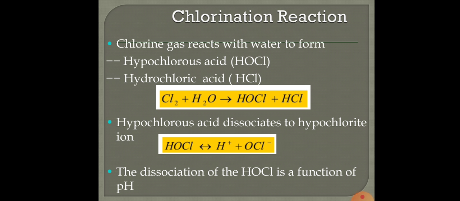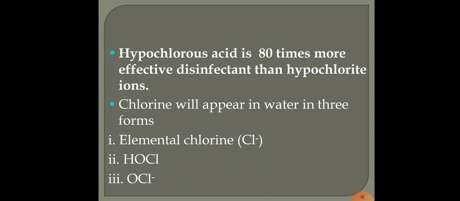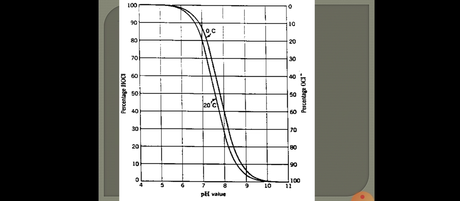Whenever the pH is less than 5, chlorine will exist as elemental or molecular chlorine, that is Cl2, and at a pH between 5 to 10, like you can see in this figure, it will remain in the form of both hypochlorous acid and hypochlorite ions.